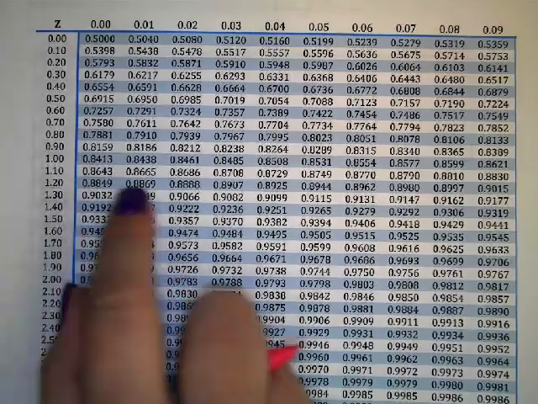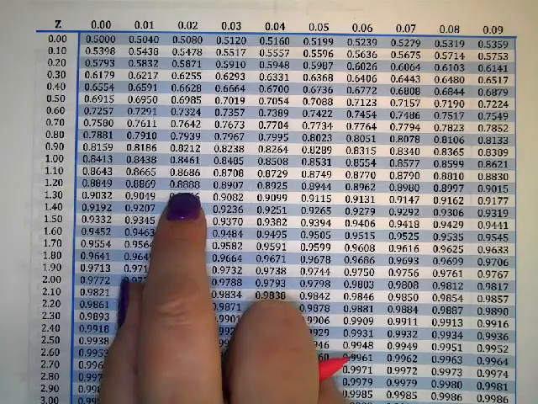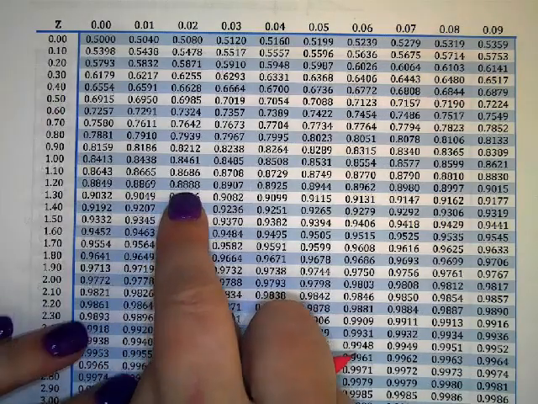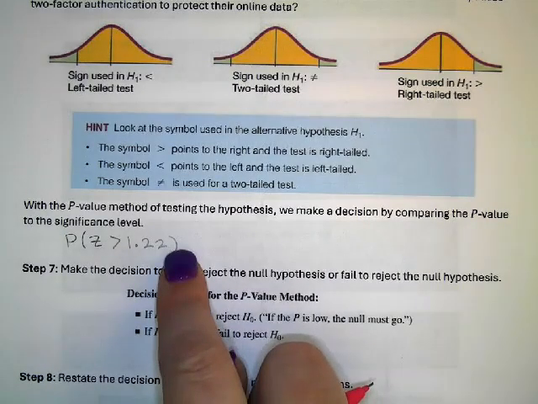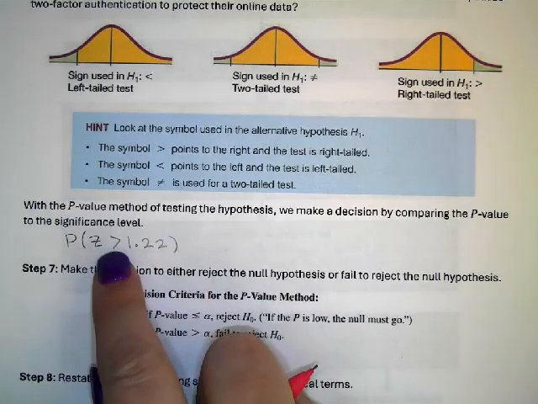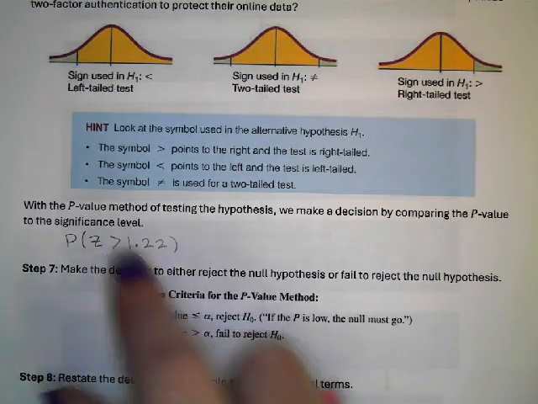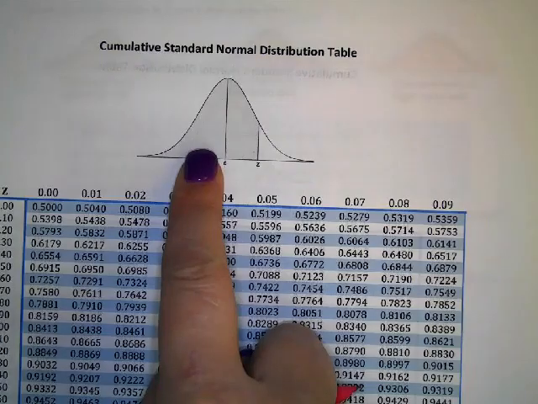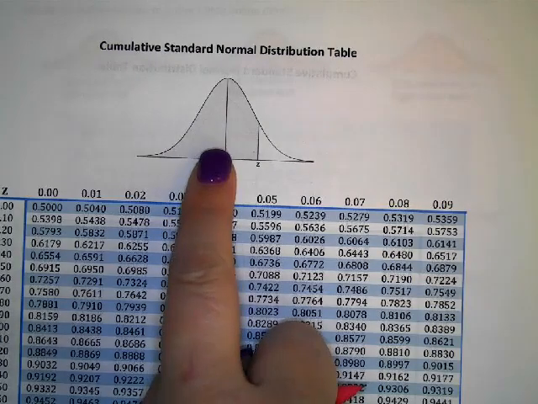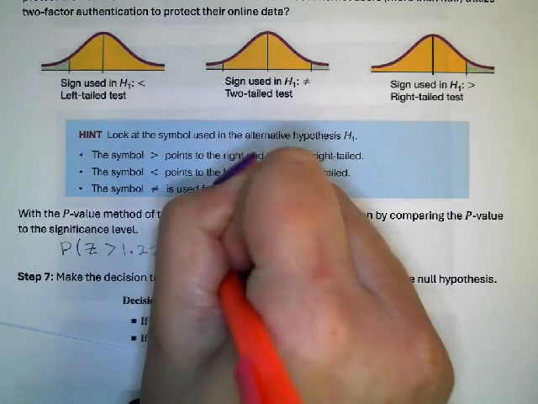The only problem with this is that for the picture that I'm working with, we had a shaded area on the right. We're looking at something that's greater than. So this is a shaded area on the right, and my table does the shaded area from the left. So I need to find the complement. So I'm going to say this is 1 minus 0.8888, and that's going to give me the probability.